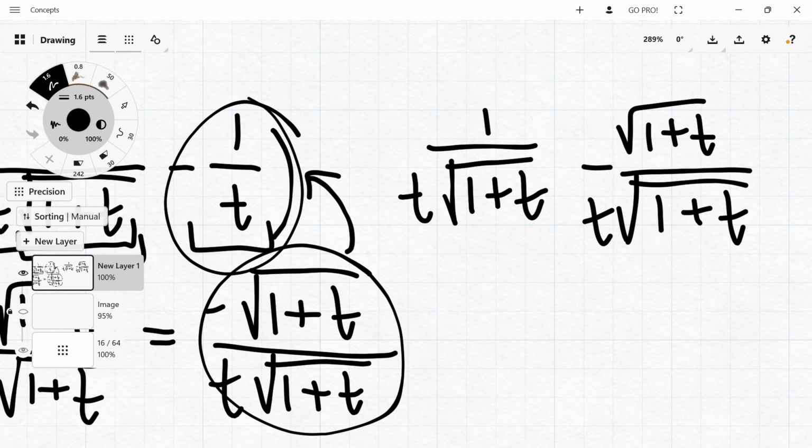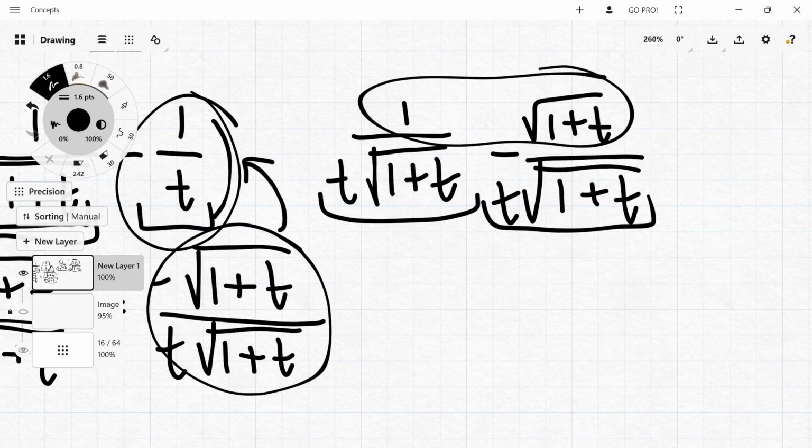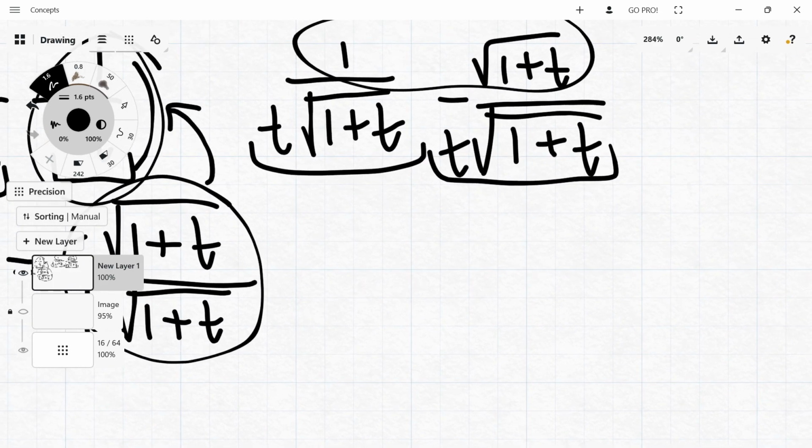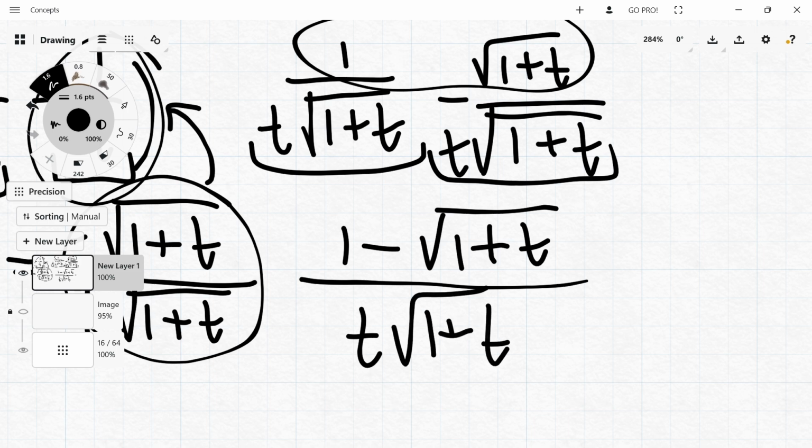Now these two denominators are the same, so we can combine the numerators and write the denominator one time. So we get 1 minus the square root of 1 plus t over t times the square root of 1 plus t.